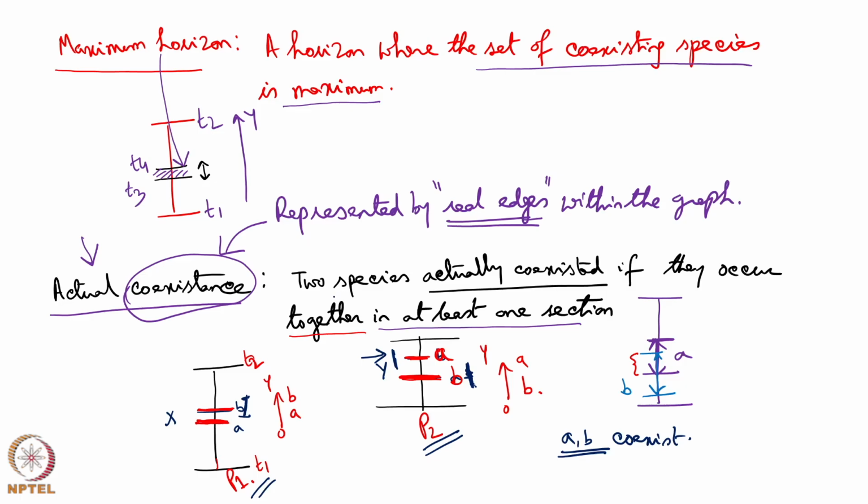Although here we have used the word species, it is better to use the word taxa, a more general term, and here also instead of coexisting species we can use the word taxa, and I have already explained the meaning of taxon and taxa.